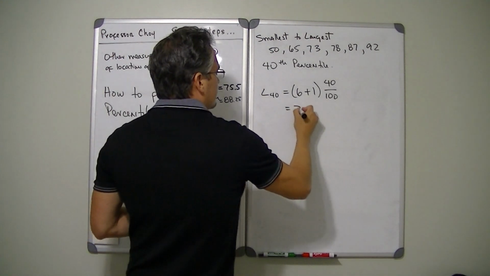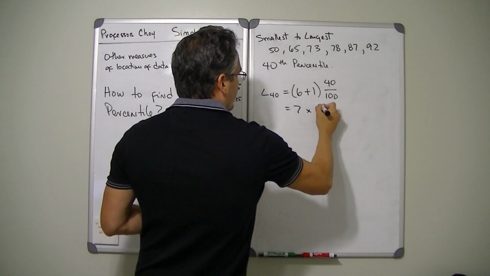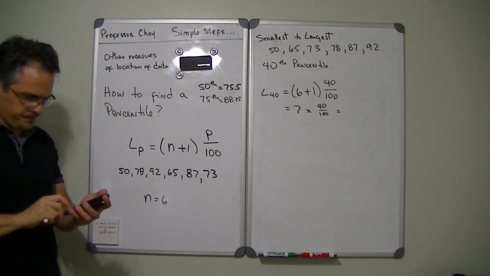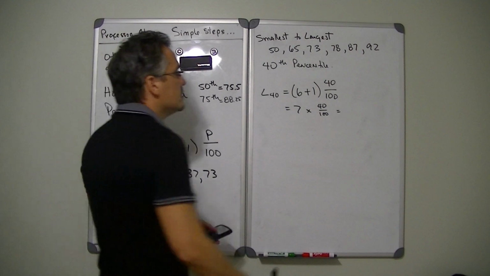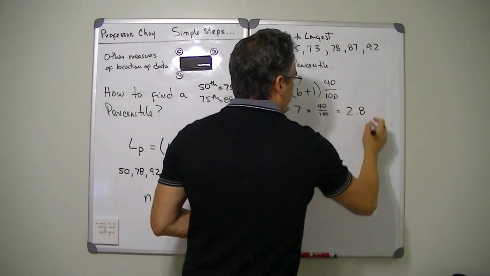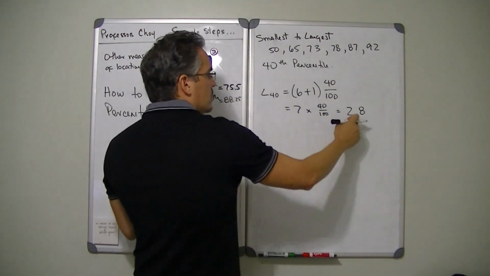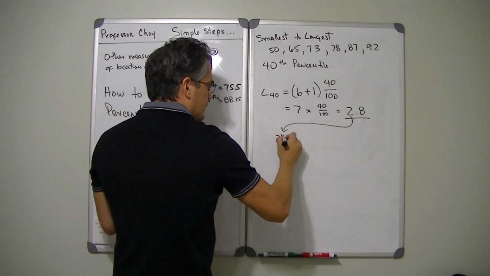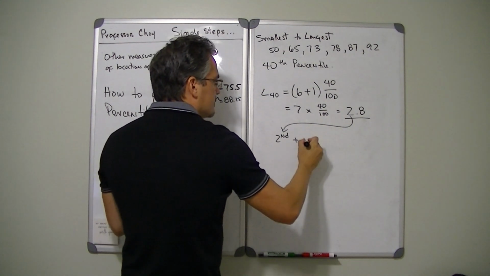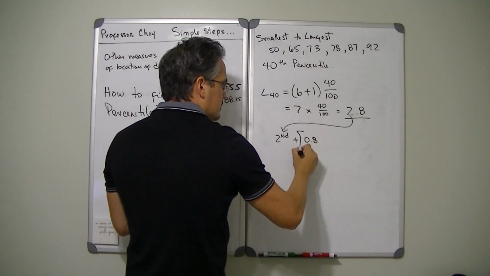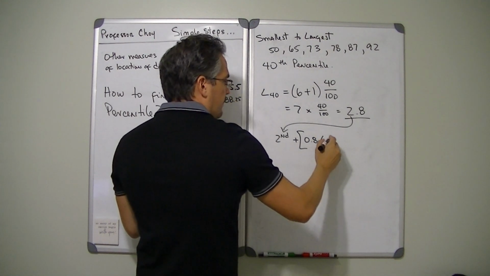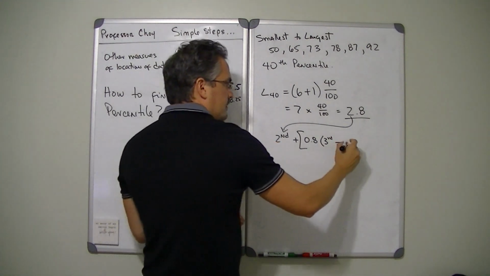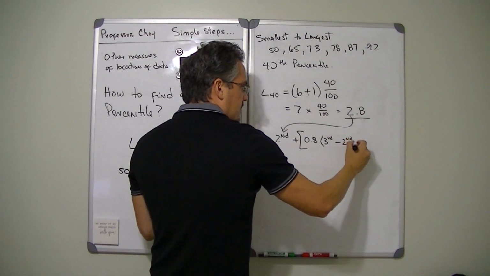So we got 7 times 40 over 100. So that gives us 2.8. Okay? So we're going to go to the second number on the list, and then we're going to add 0.8 times the third number, which is the next number after the second, minus the second number on the list.